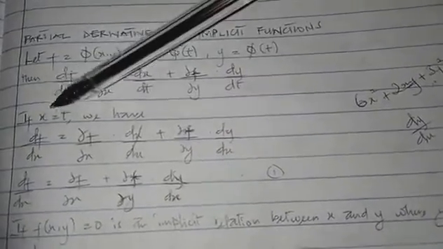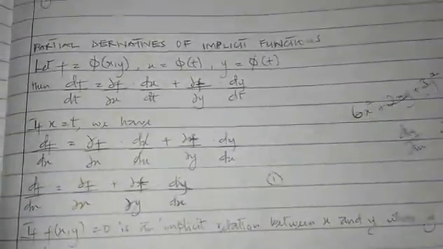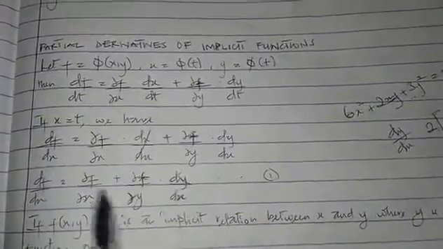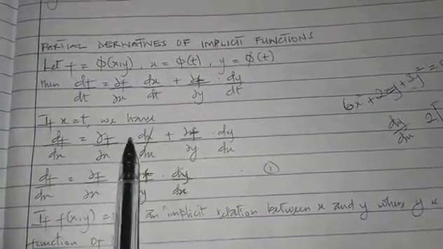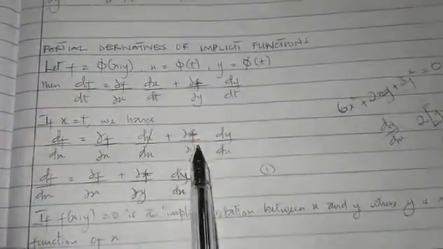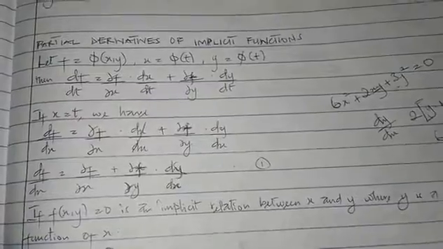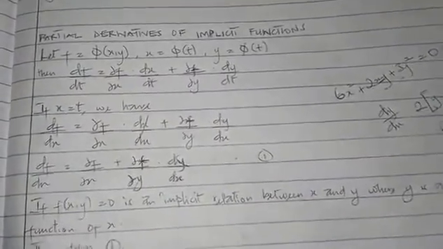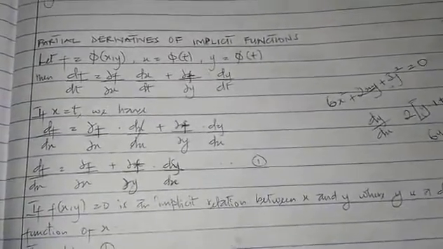Now if x is equal to t, we're going to have df over dx equal to partial f over partial x times dx over dx plus partial f over partial y times dy over dx. Now dx over dx will cancel out, so df over dx is equal to partial f over partial x plus partial f over partial y times dy over dx, and we call this equation 1.